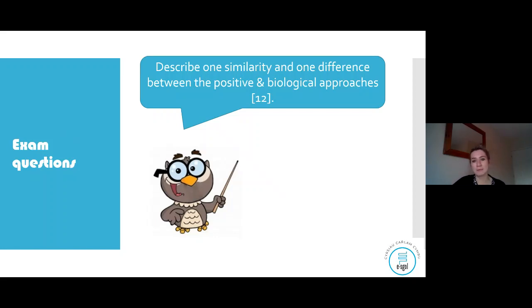Other questions that could be asked for this is, sometimes they've said, you know, a psychology teacher thinks that the biological approach is better than the psychodynamic approach because it's scientific. Why are they correct? And that question would be steering you more towards looking at the scientific elements of both of the approaches and seeing whether you agree or disagree with that statement and bringing in some evidence that would support what the question is asking from you.